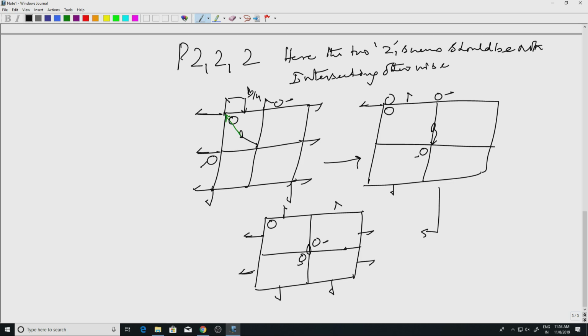The default two-fold is getting generated at these points. So this is 1, 2, 3, 4. 1: x, y, z. 2: x bar, y bar, z. 3: half minus x, half plus y, z bar. 4: half plus x, half minus y, z.